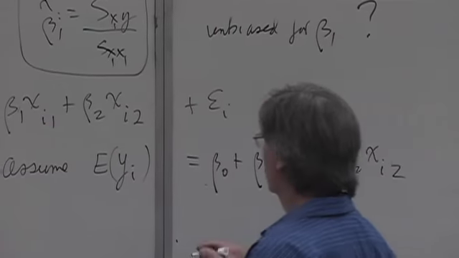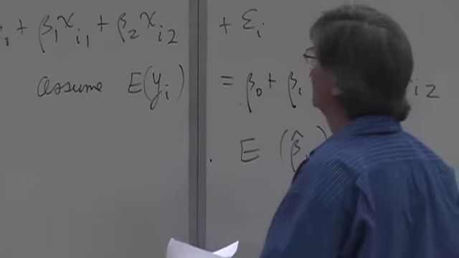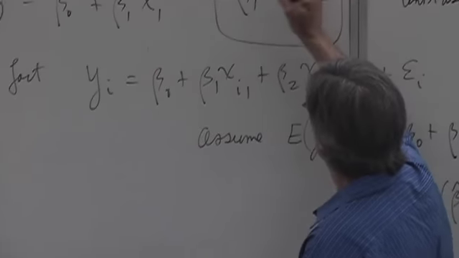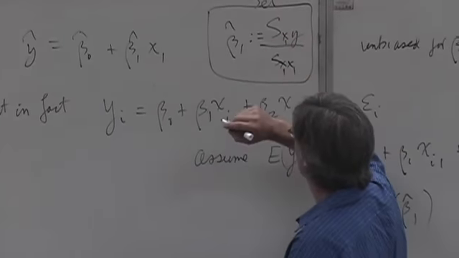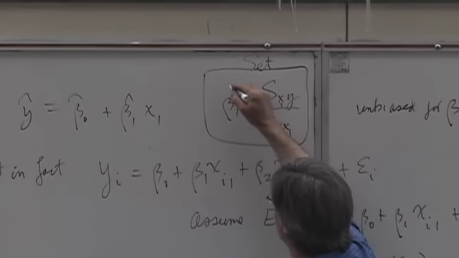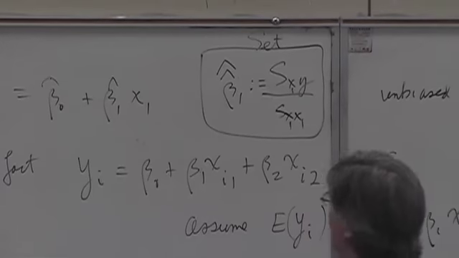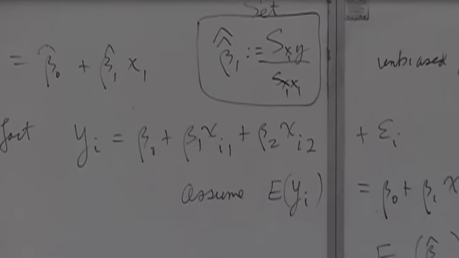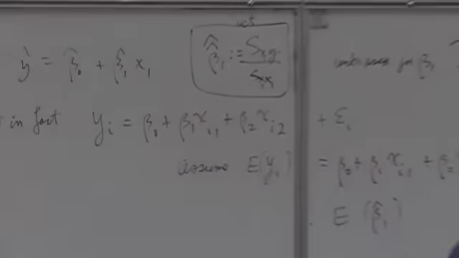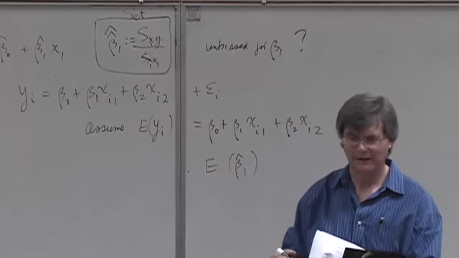And the question is, what is the expected value of beta 1 hat? I should put a tilde on this or something like that. Let's call it double hat or something like that, because it's not the actual estimate of beta 1 hat that we're going to use in the next chapter. Okay?